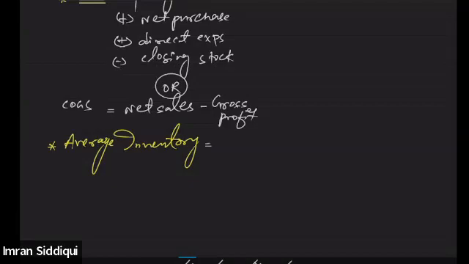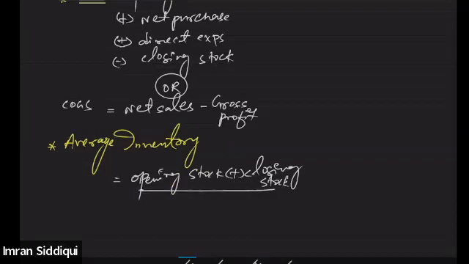We just take the value of the opening stock, add the closing stock to it, and then divide it by 2. Done. This is the average inventory.